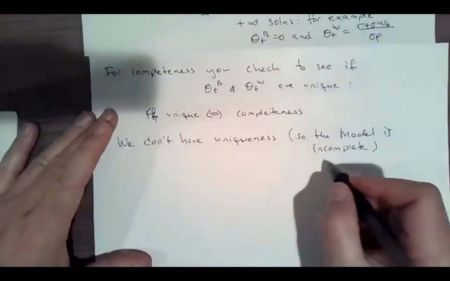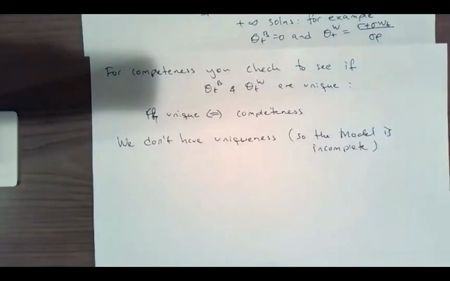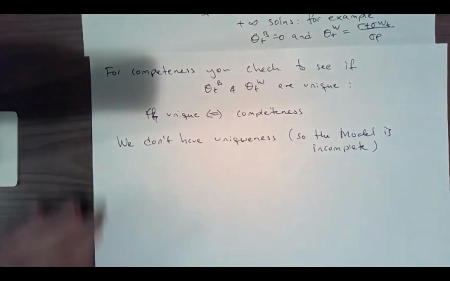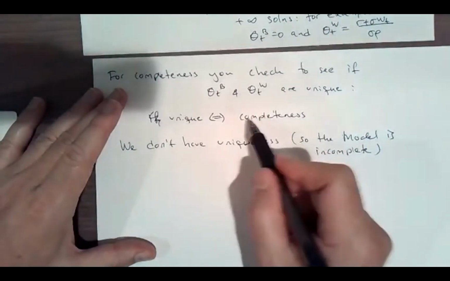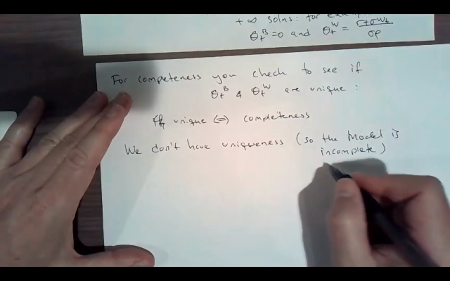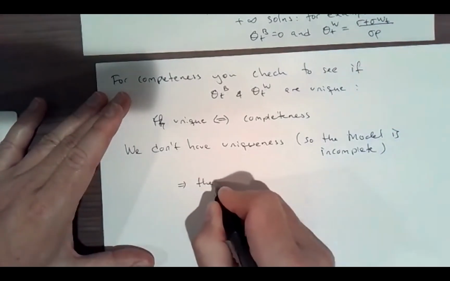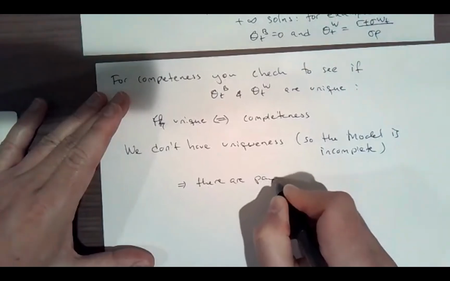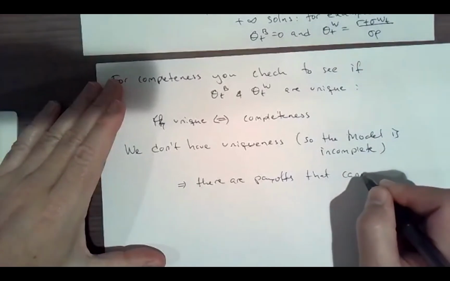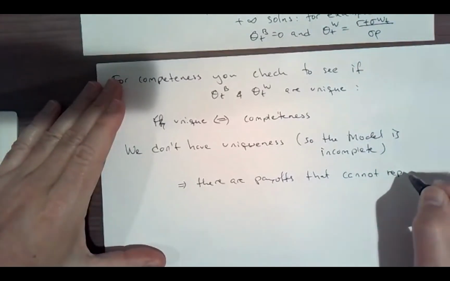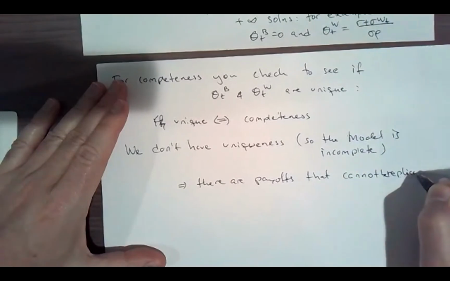And what that means, what's behind this word completeness and incompleteness, is that there are payoffs that cannot be replicated.